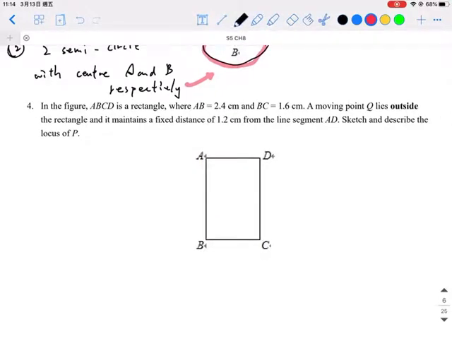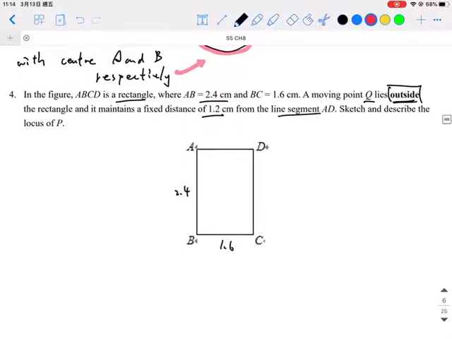Now on to question number 4. In the figure, ABCD is a rectangle, with AB equal to 2.4 cm and BC equal to 1.6 cm. Now Q is outside, and outside is always a keyword, so no line is inside the rectangle. It maintains a fixed distance of 1.2 cm. Another keyword is that it keeps a fixed distance from a line segment, so it will be AD. Where is AD?